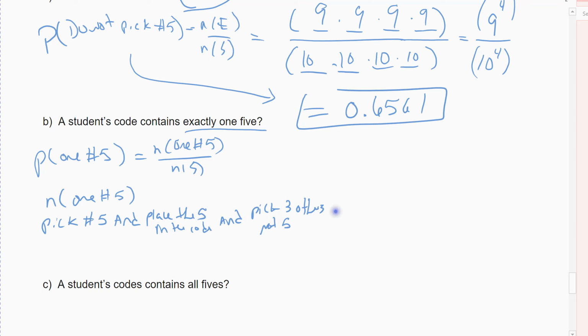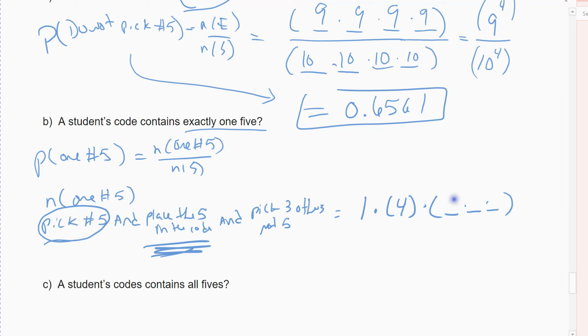So when we write that out, there's 1 number 5, so there's only 1 way to pick the 5. There are 4 spots I can place the 5 in the code, so 1 times 4. And then I have to finish out by filling the rest of my code with numbers that are not 5, because I've already picked the 5, and I only want 1 of them. So once I've picked 5, I can't pick it again.